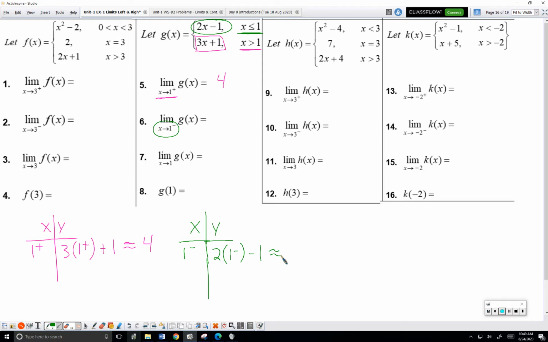So 2 times 1 is 2, so this is going to be really close to 2. Subtract 1 is going to be really close to 1. So this limit is 1.